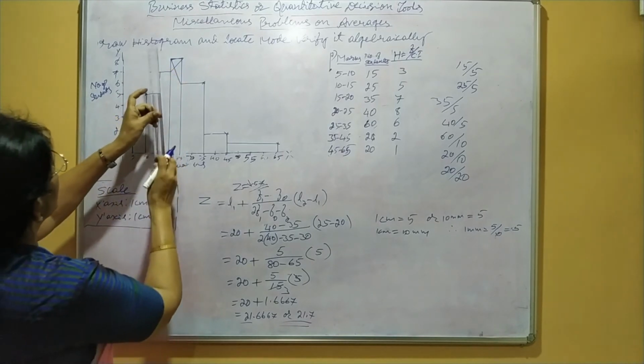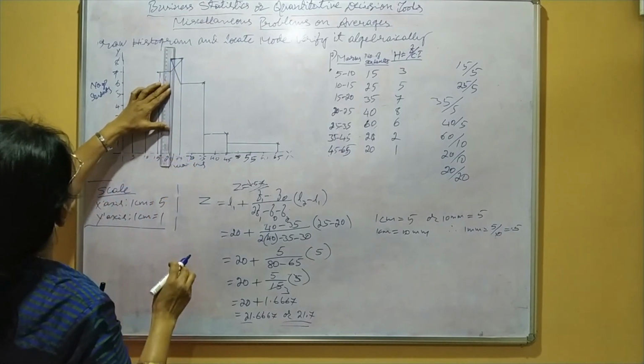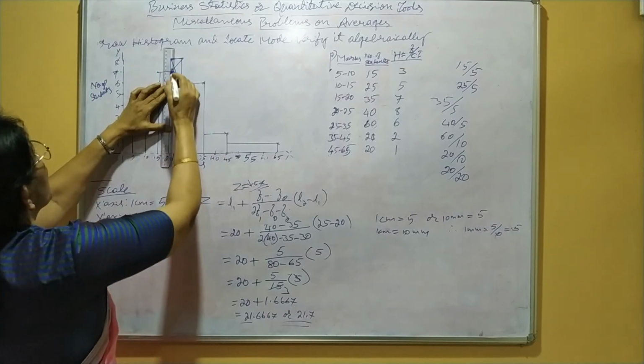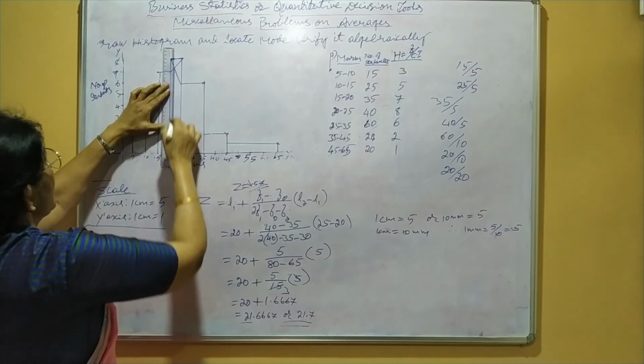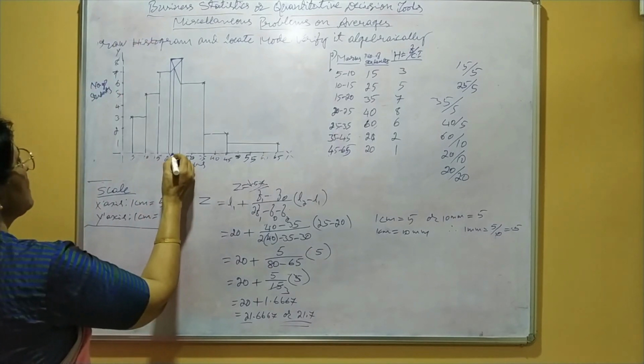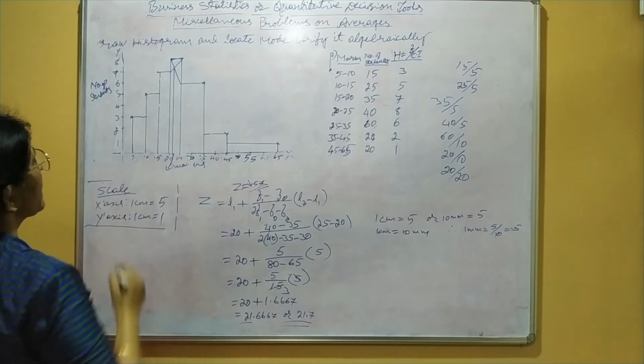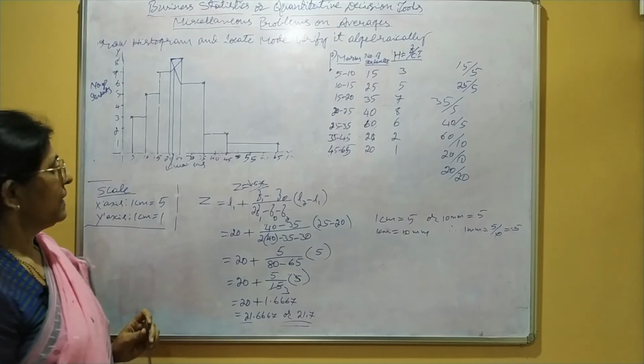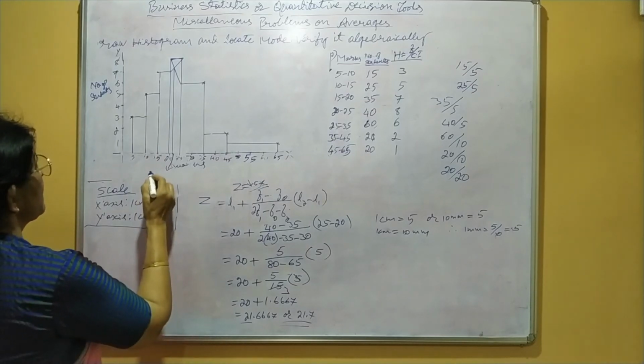These two intersect at a point. Now from that point draw a straight line perpendicular to x-axis. At this point we get a reading that is nothing but z.